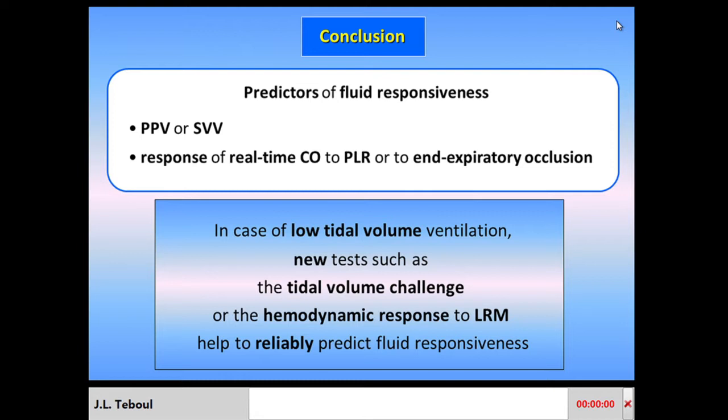And in case of low tidal volume ventilation, new tests such as the tidal volume challenge or the hemodynamic response to lung recruitment maneuver help to reliably predict responsiveness.